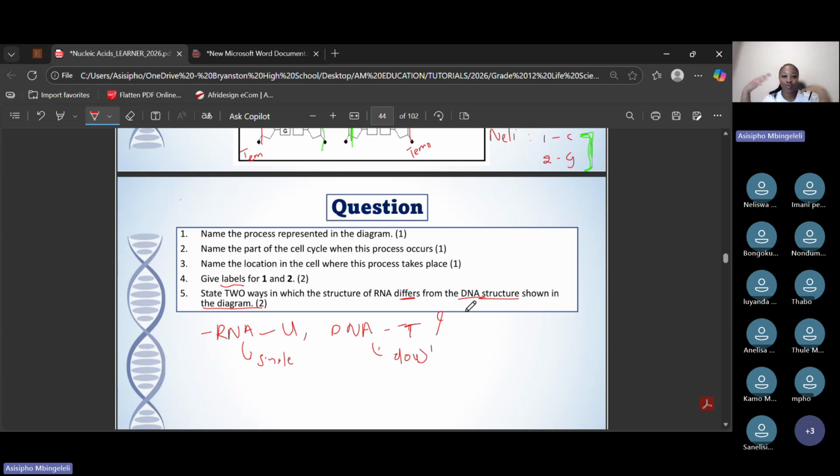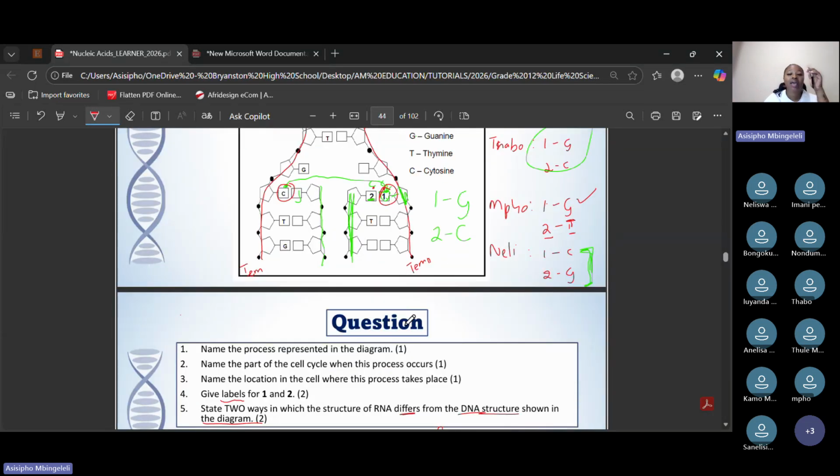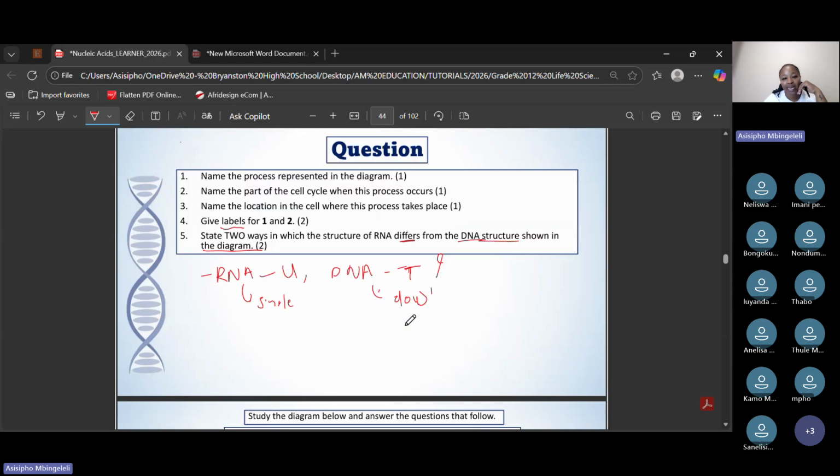What we can see is that there is a T, which means DNA, and that it's double-stranded. So RNA has U whereas DNA has T, that's one mark because you're comparing. Then RNA is single-stranded, DNA double-stranded.